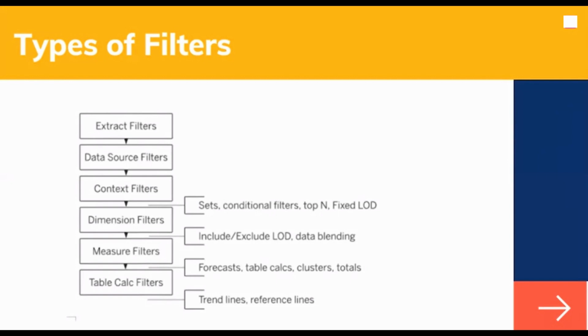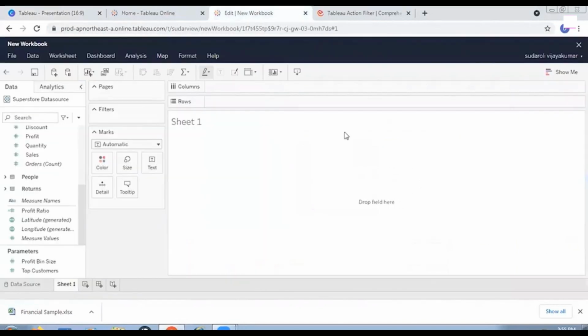These are the different types of filters which you can use to get any sort of subset from your actual set. So now let's get inside our Tableau environment and explore how you can make use of these different types of filters. All right, so let us get into our Tableau environment.